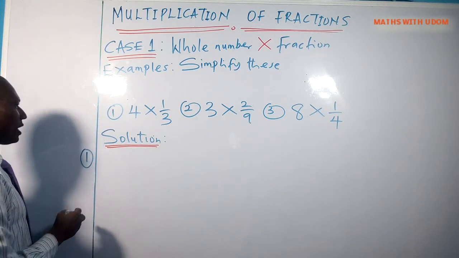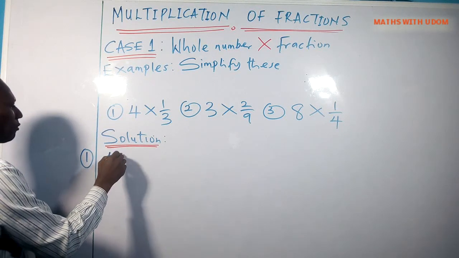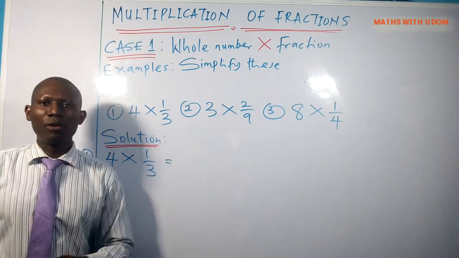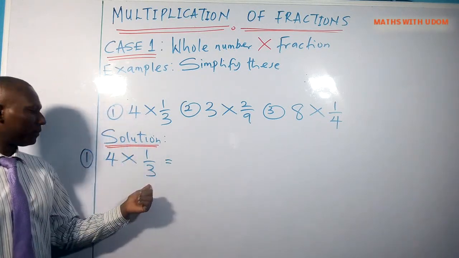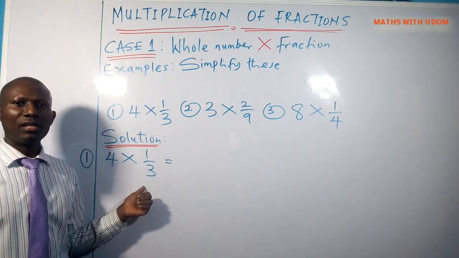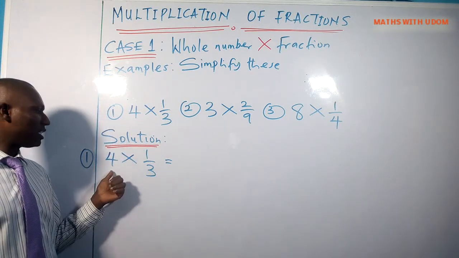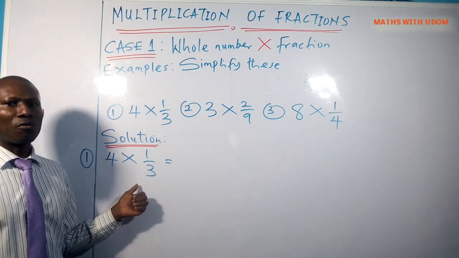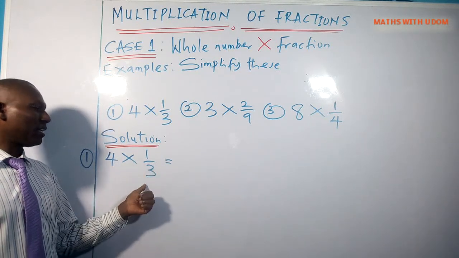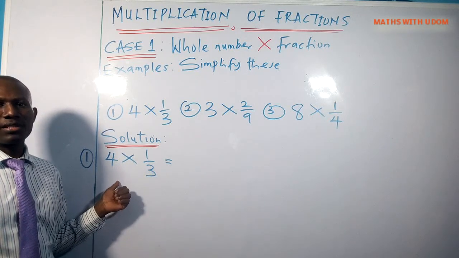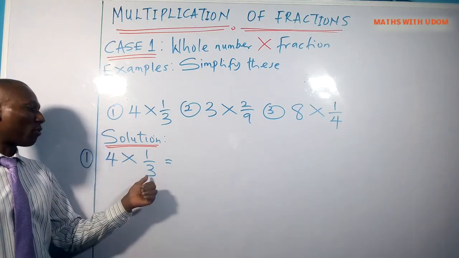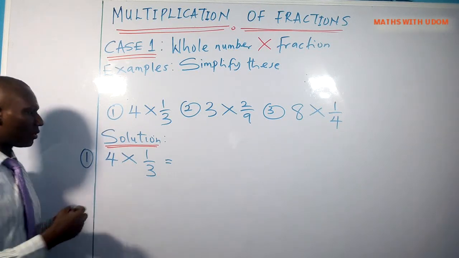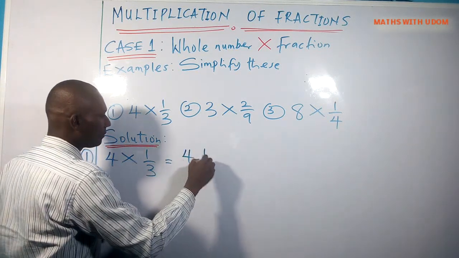So the first one we have 4 times 1 over 3. So what is the interpretation of this? The interpretation is that it means 4 lots of 1 over 3, or 1 over 3 in 4 places.